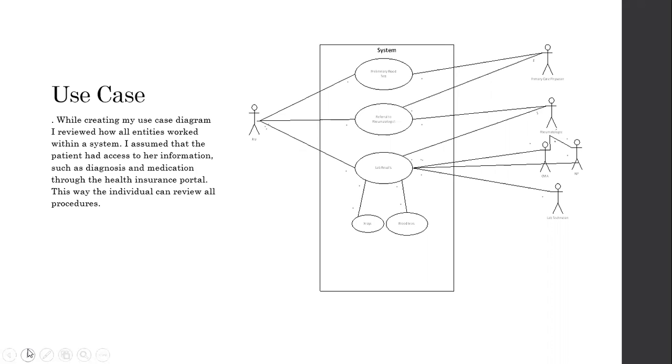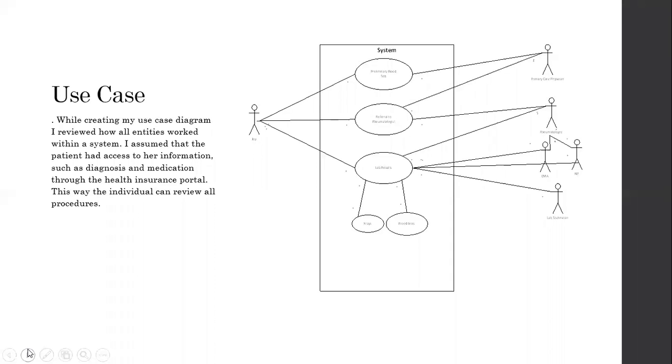The healthcare system, the system that all this information is in, which I assume to be her health insurance portal, lets her view her preliminary blood tests, her referrals, her lab results, her x-rays, and her blood tests. The primary care physician also has access to her preliminary blood tests and her referral to the rheumatologist.